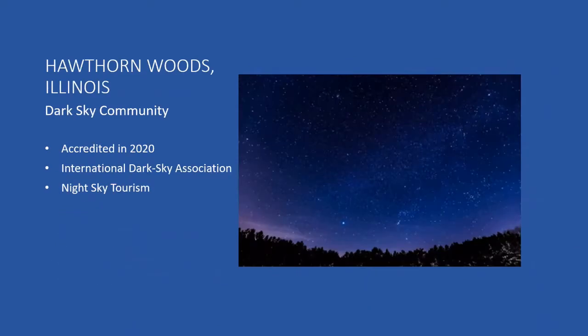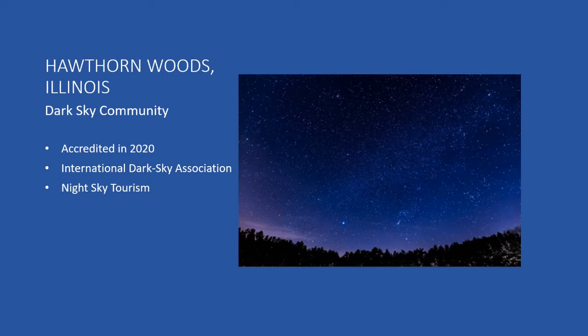Hawthorne Woods, Illinois, dark sky community. Night sky tourism, which typically necessitates one or more overnight stays, can increase travel spending. From group hikes to stargazing events, dark sky communities are not only protecting their communities, but also creating tourism opportunities. Hawthorne Woods was accredited in September 2020 and was the 29th community in the world to be given this prestigious award.